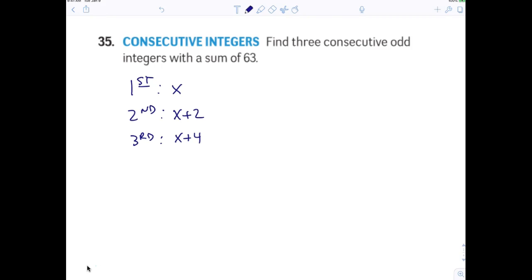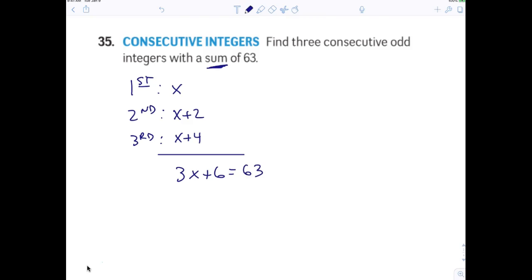All right? Now, what do they want you to do with those 3 integers? Add them up. Thank you. And look what happens when I add them up. What do I get? 3x plus 6. And that is equal to what? 3x plus 6 is equal to 63.